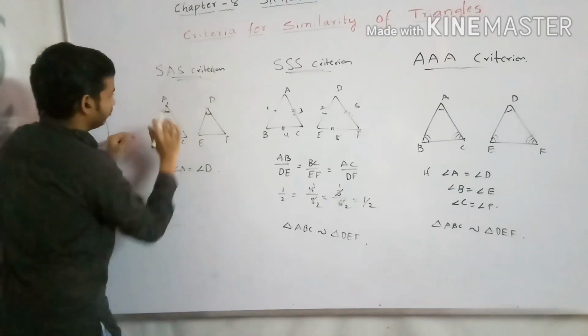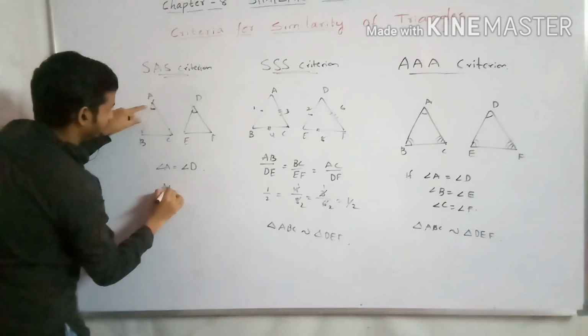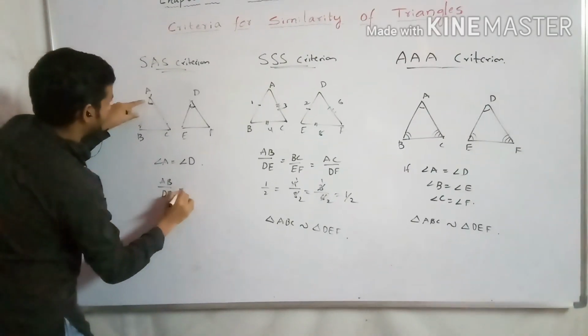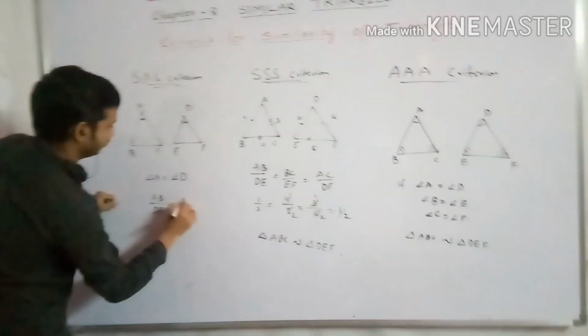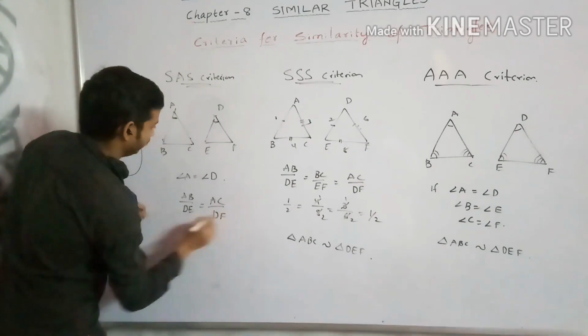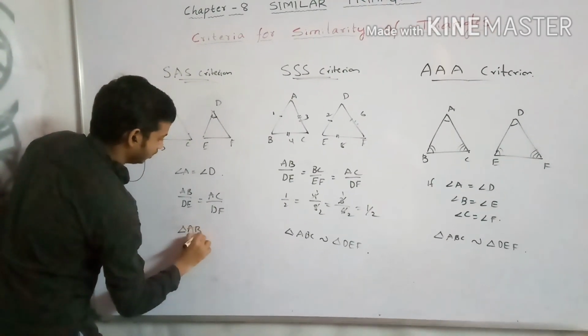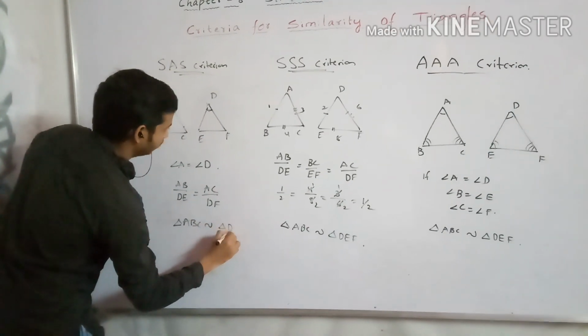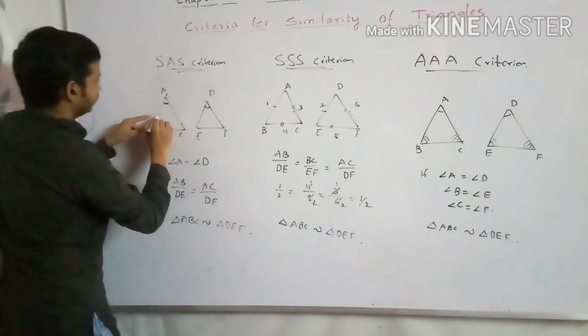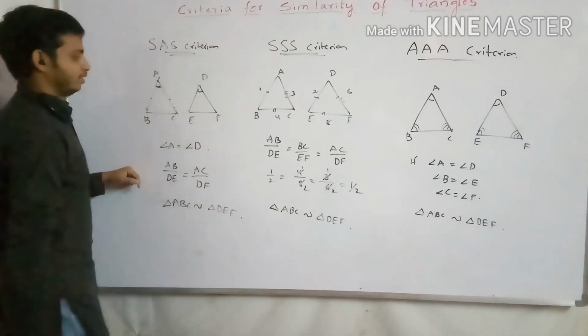So if AB by DE equals AC by DF, then triangle ABC is said to be similar to triangle DEF. That means the side angle side criterion.